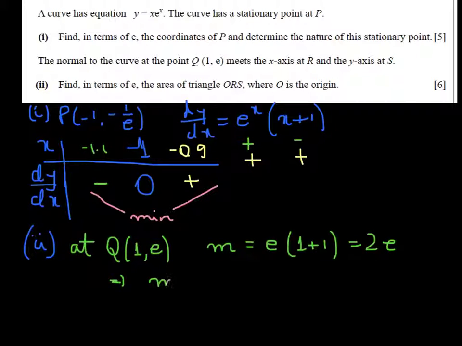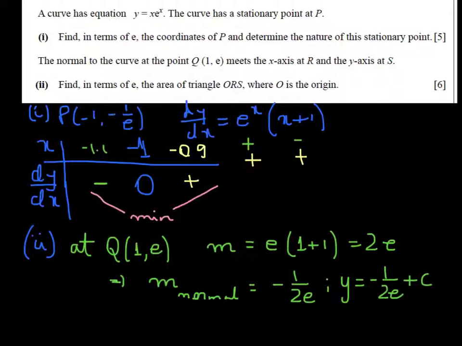Therefore, the slope of the normal is going to be minus 1 over 2e. So the equation of the normal is y equals minus 1 over 2e x plus c. We are going to find the c from knowing that the line passes through the point Q.